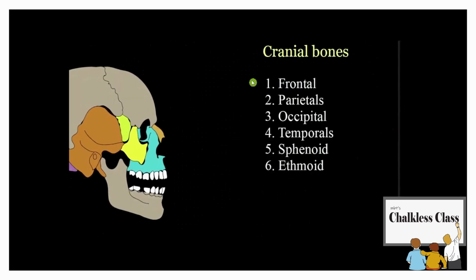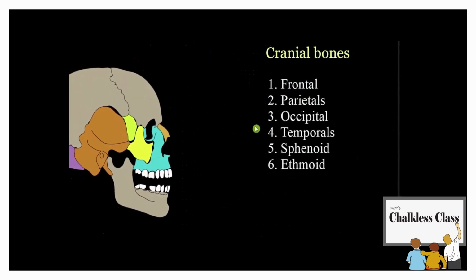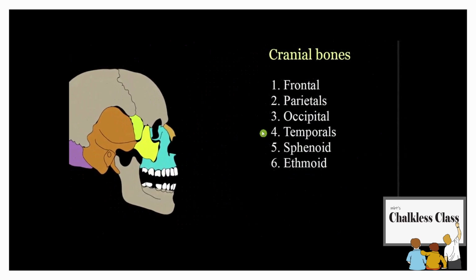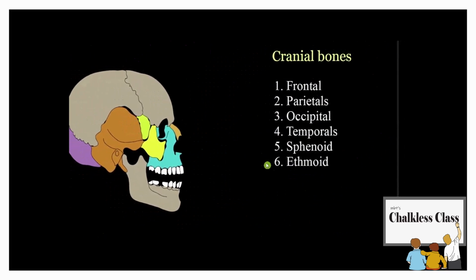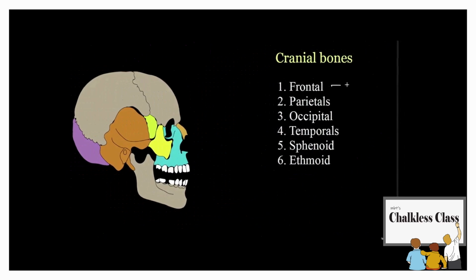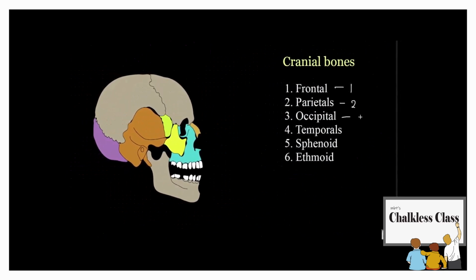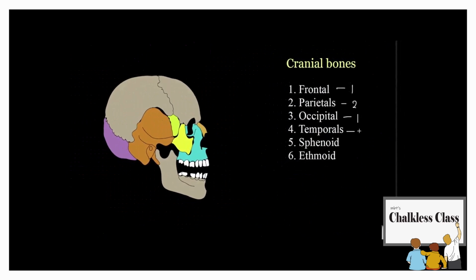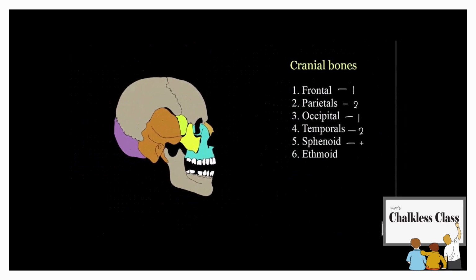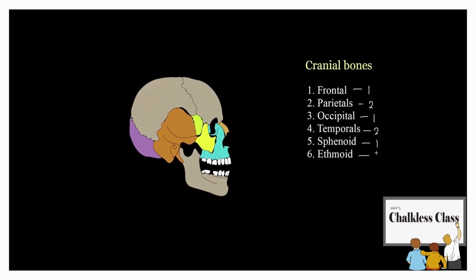Cranial bones are frontal bone, parietals, occipital, temporals, sphenoid, ethmoid. Frontal bone is 1. Parietals are 2. Occipital is 1. Temporals are 2. Sphenoid is 1. Ethmoid is 1.